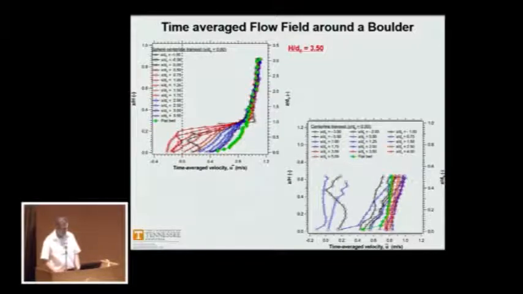And let's start here with the frictional characteristics for the 3.5. That's the higher relative submergence. That means the flow depth is 3 times the boulder diameter, the clast diameter.